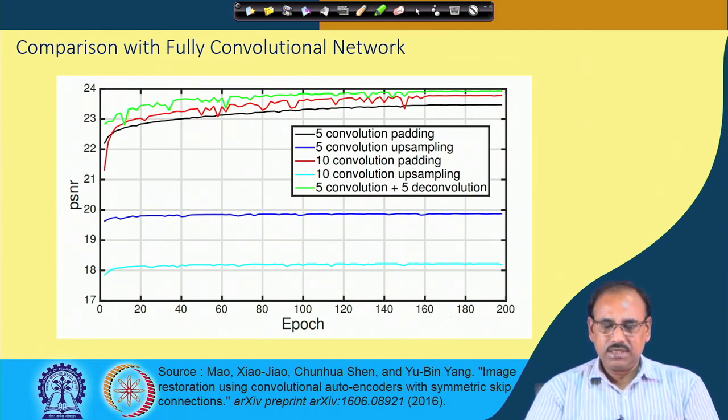And the authors have suggested a deconvolution network with 5 convolution layers and 5 deconvolution layers. And as is shown in this plot, the performance of this deconvolution network with 5 convolution layers and 5 deconvolution layers is much better compared to the competing fully convolutional networks. It is better in terms of PSNR of the restored image.